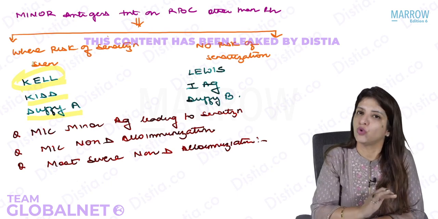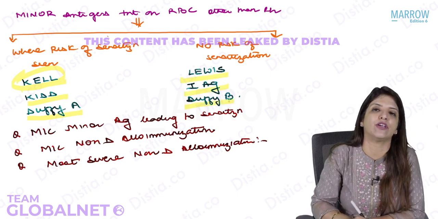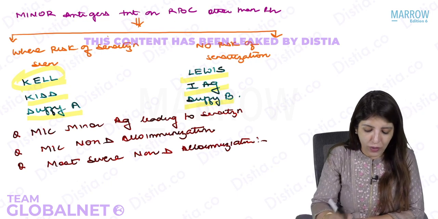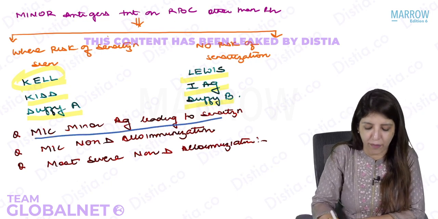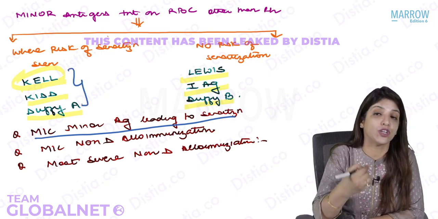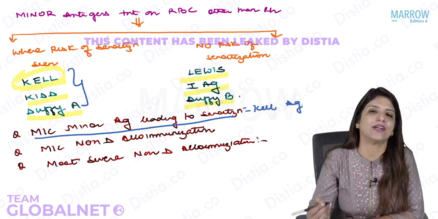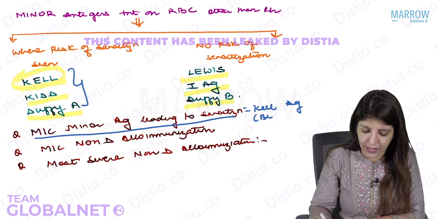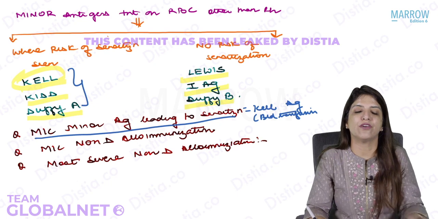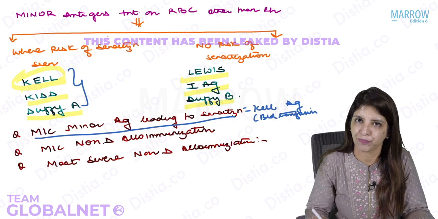So the ones which do not carry any risk of sensitization are Lewis antigen, I antigen, and Duffy B antigen. Now, amongst these minor antigens, which antigen most commonly leads to sensitization? The most common one amongst these which leads to sensitization is Kell antigen. Kell antigen leads to sensitization after blood transfusion. So it generally leads to sensitization after you've done a mismatched blood transfusion, right?